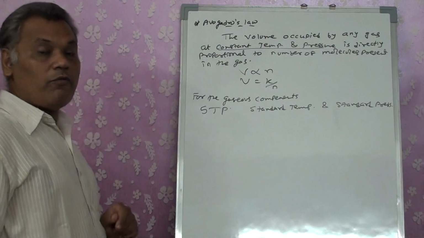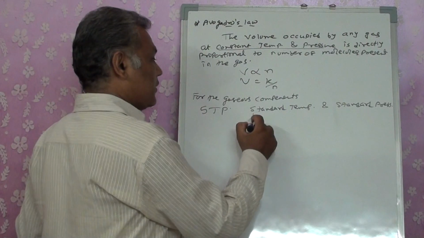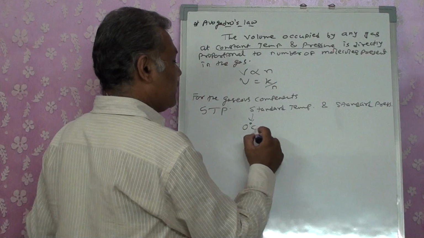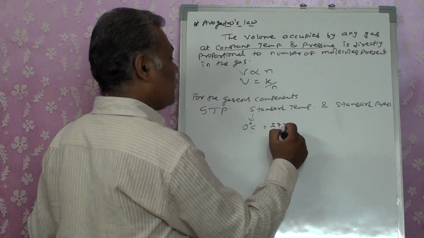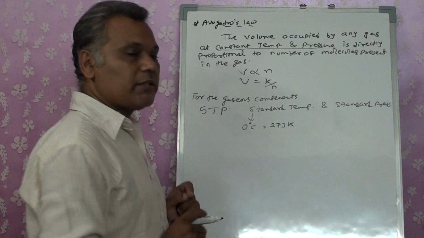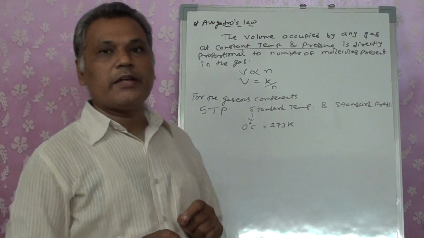What is the value of standard temperature? Standard temperature is taken as 0 degrees Celsius, that is 273 Kelvin. It's fixed for any given gaseous component.